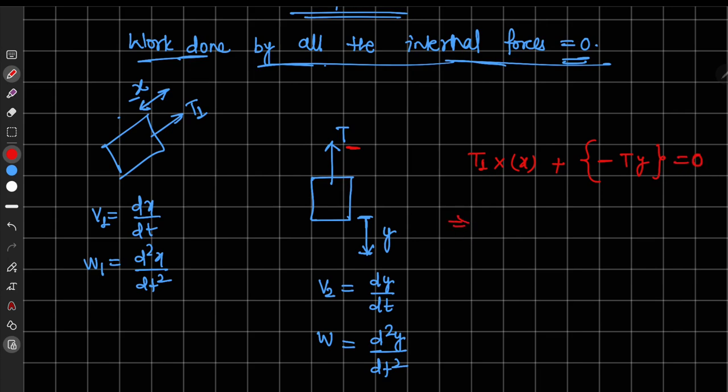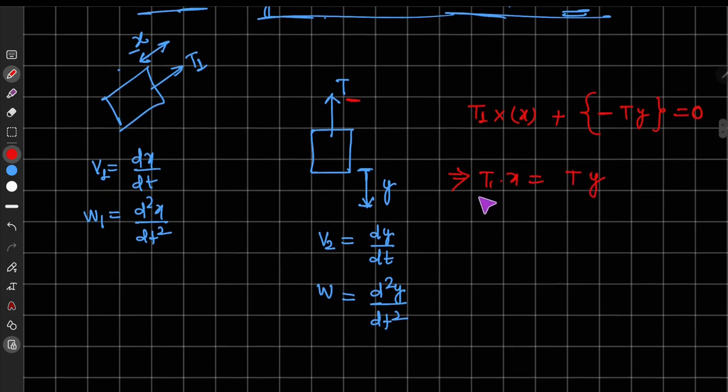So from here we can write T1 into x is equal to T times y. Now let us differentiate both the sides. So we can write T1 times dx upon dt is equal to T times dy upon dt.